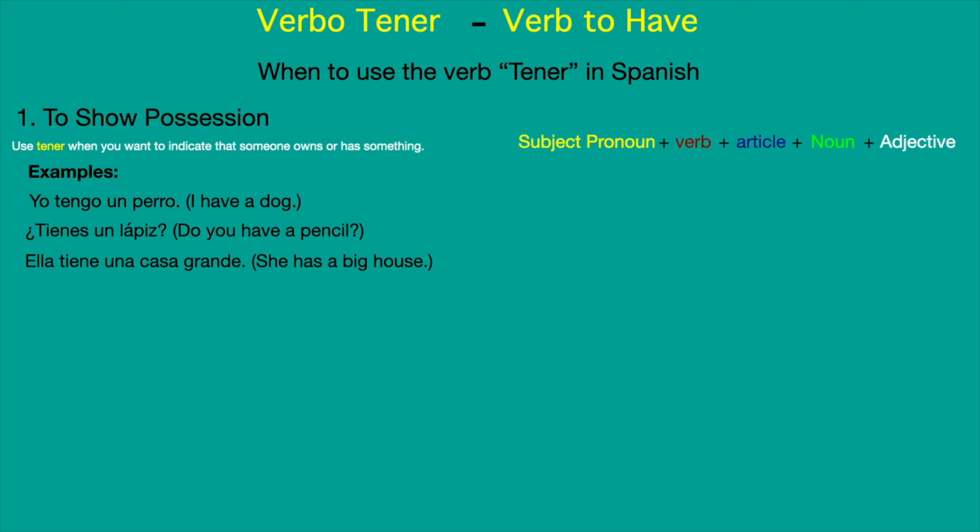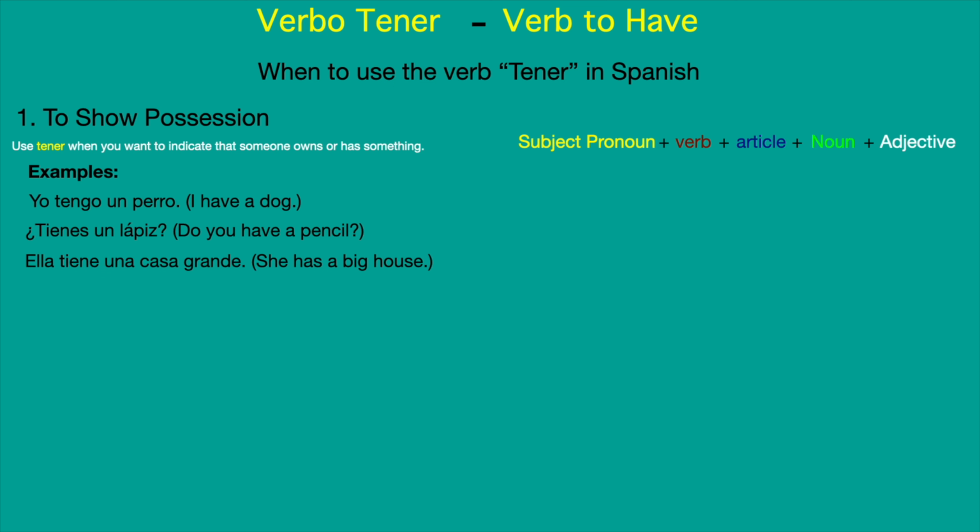And here we have one structure that you can use to practice. We have the subject pronoun, which is yo, tú, él, ella. Then we have the verb, which is tener, so you have to conjugate: yo tengo, tú tienes. Then we have an article, so we can use de, or a.